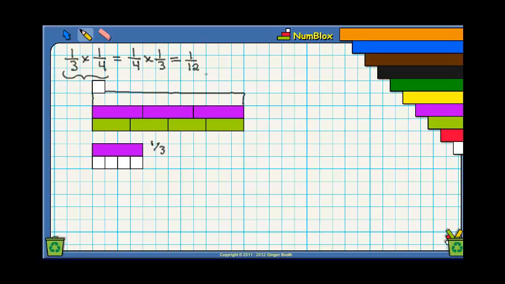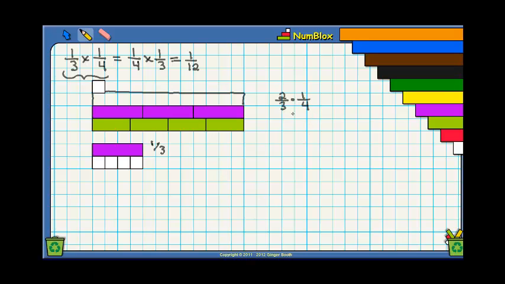What I think is more interesting is to try a problem that's a little bit different. Instead of 1/3, let's say it was 2/3. So now let's change this problem to 2/3 times a fourth.